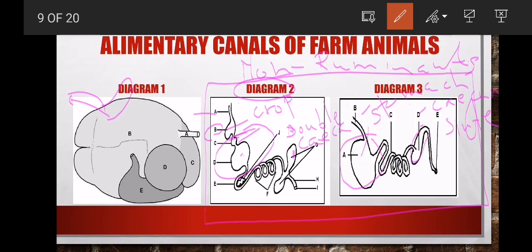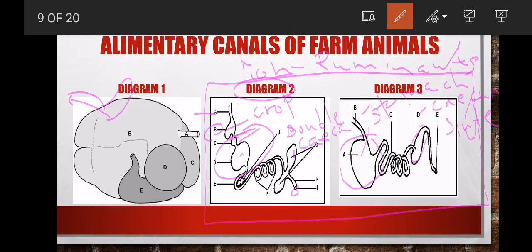In a fowl, one stomach that is divided into 2. In a pig, just one stomach. In a fowl, the caeca is double. In a pig, it's just a single caeca. The last part, you look at part I here, which we call a cloaca vent. But here in diagram 3, we call it an anus. 4 parts that you can highlight there.